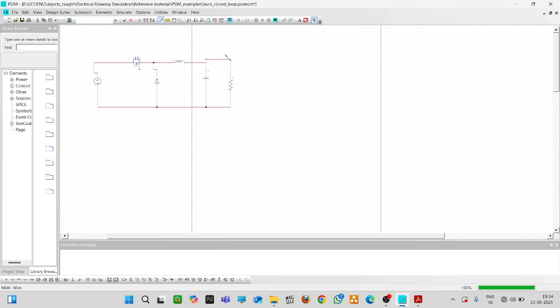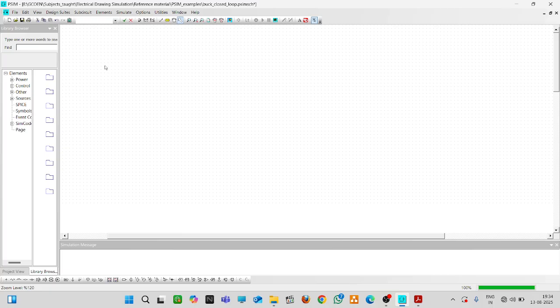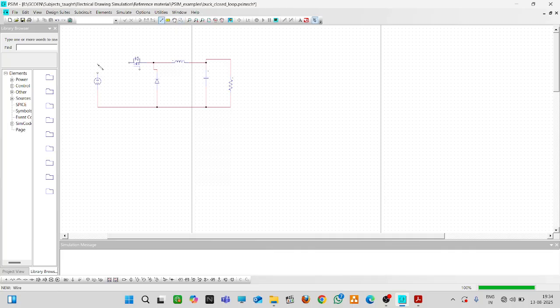If you don't make strong connections, then the circuit will remain open, and in that case, you won't get any output voltage. So this is the thing. I think I will have to delete this, and in this way, yes, the circuit has been connected.